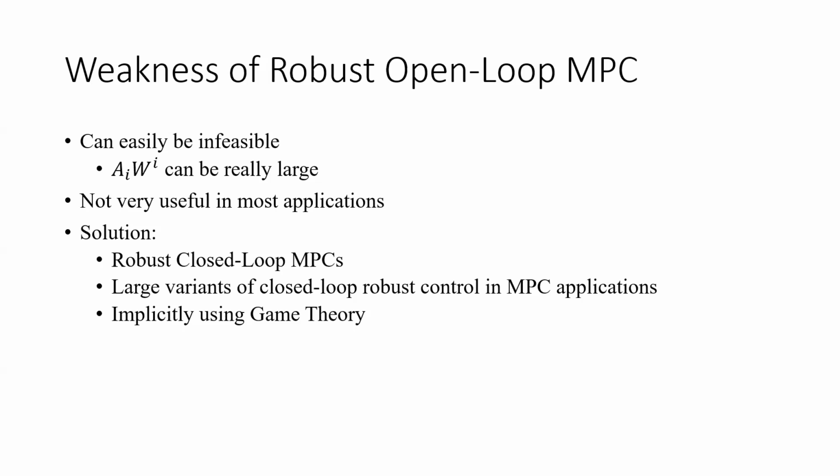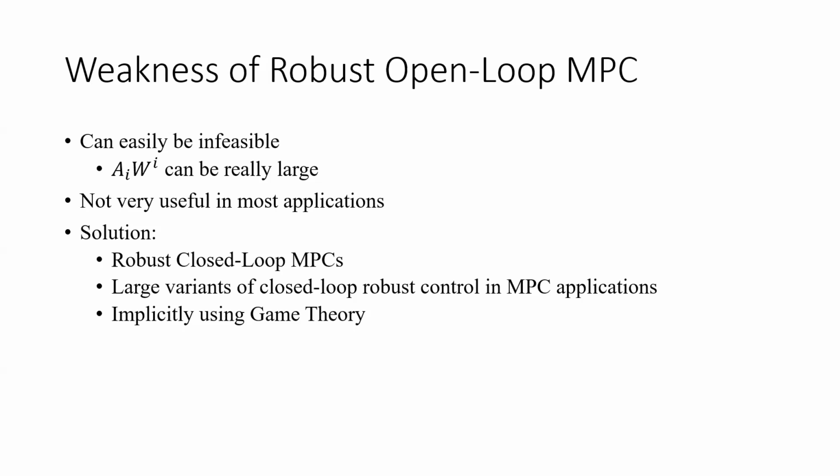The solution that came out is robust closed loop MPC. If you think about the open loop, the agent is doing its own thing regardless of what the disturbances have done to it. But in an actual game, this is related to game theory. When you're playing a game, imagine that the disturbance is your opponent.